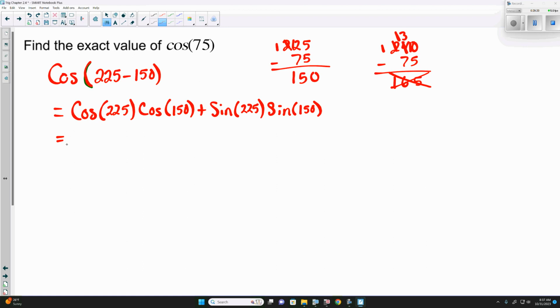Cosine of 225 degrees is negative square root 2 over 2. Cosine of 150 is negative square root 3 over 2. Plus sine of 225 degrees is negative square root 2 over 2. And sine of 150 is 1/2.